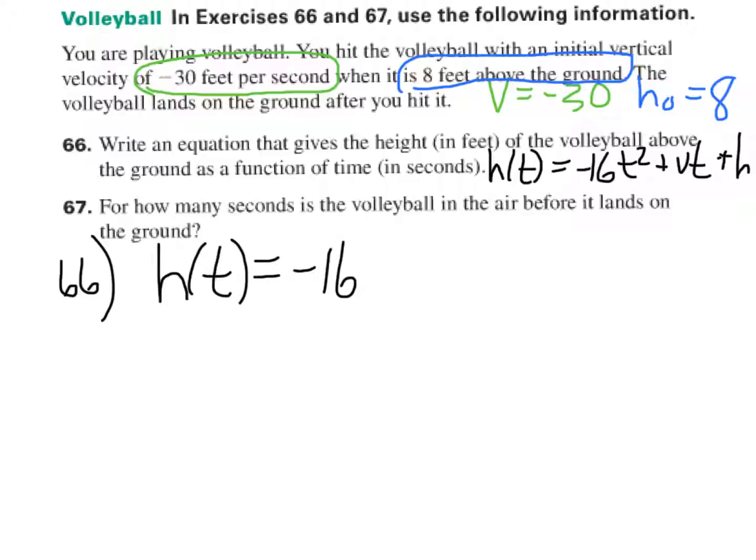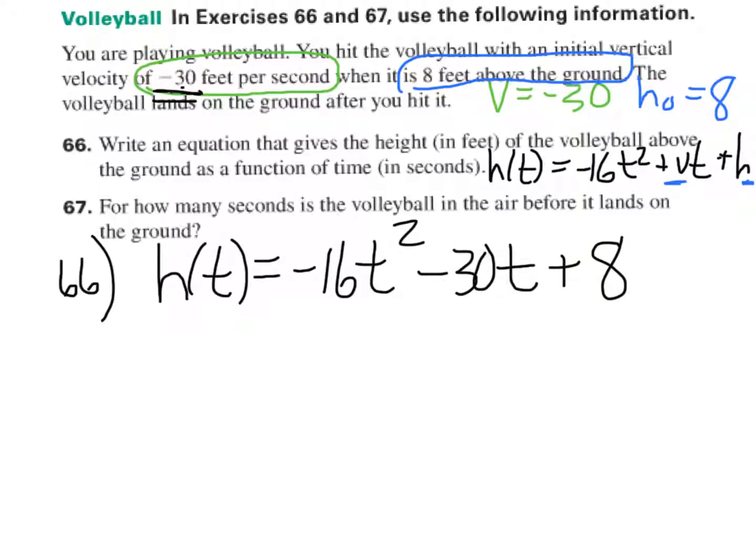Negative 16t squared stays there. All I need to fill in is the velocity and the initial height. The velocity here again was negative 30, so negative 30t. And initial height is 8 feet above the ground, so plus 8. This is called a throwing object or falling object model.